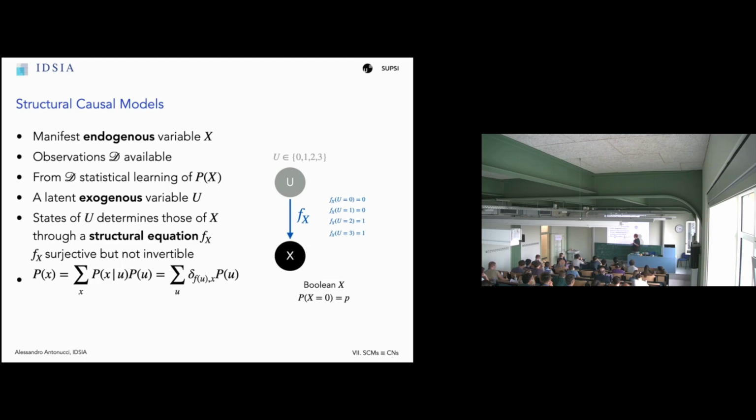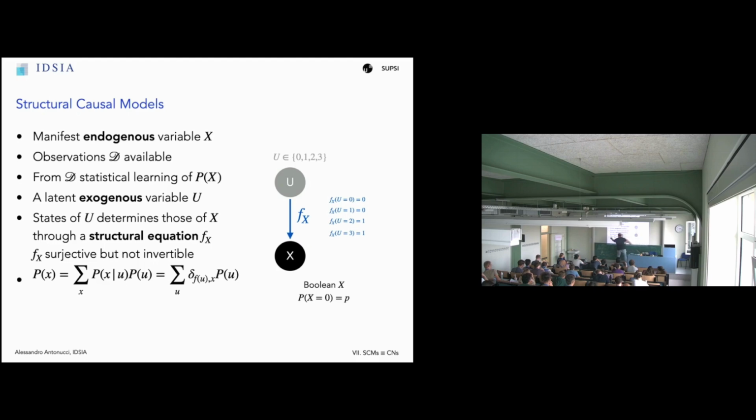You see? Okay, because of that I can say that if I have a distribution over u, I can obtain a distribution over x. A state of u induces a state of x. A distribution over u induces a distribution over x. But in reality, what I observe is not a distribution over u, it's the distribution over x.